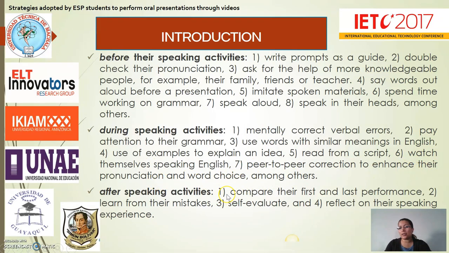And after their speaking activities, we only see a few strategies that learners use, such as comparing their first and last performances, learning from their mistakes, self-evaluating, and reflecting on their speaking experience.